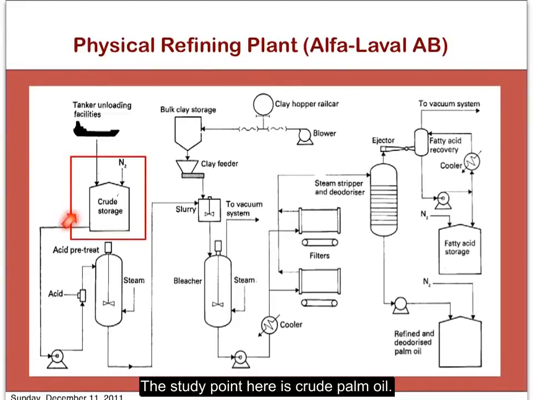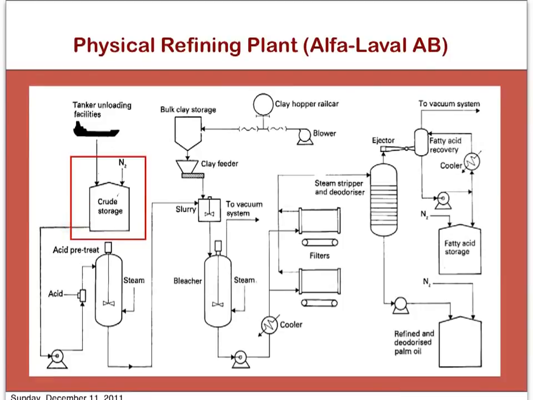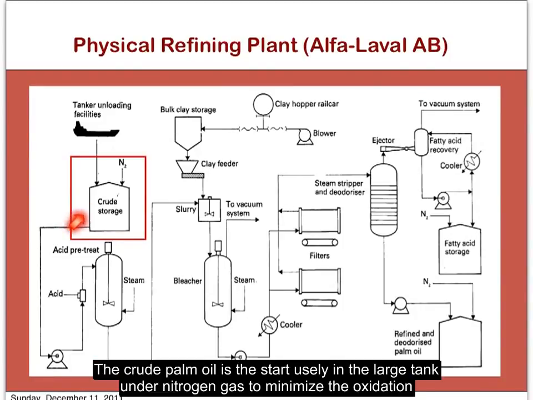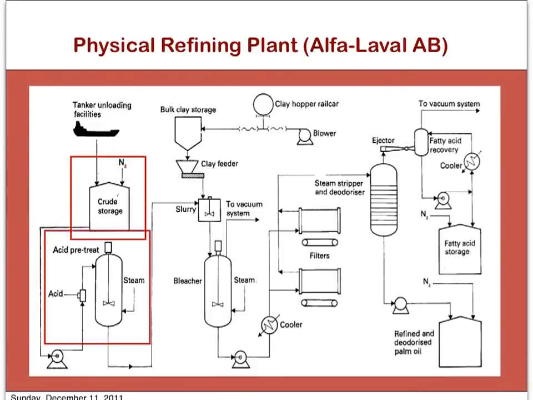So the starting point here is the crude palm oil. The crude palm oil is usually stored in a large tank under nitrogen gas to minimize the oxidation.